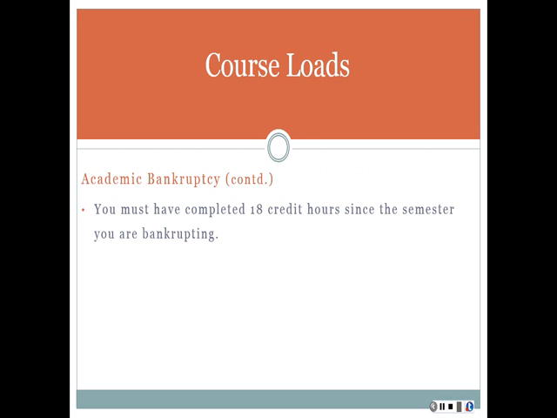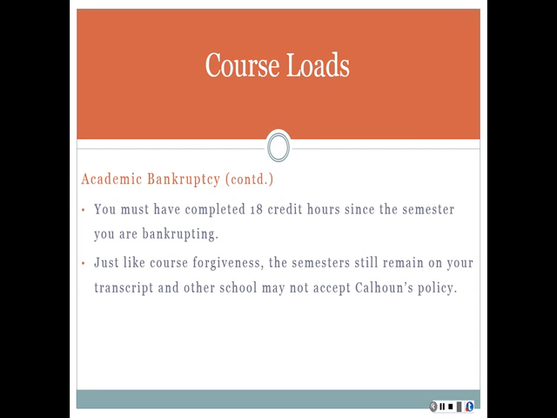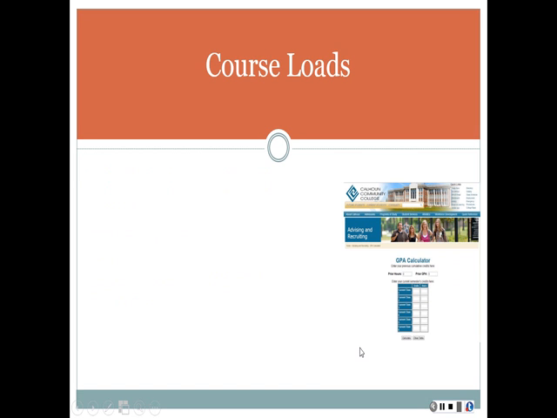You must have completed 18 credit hours since the semester you're bankrupting, and just like course forgiveness, the semesters will remain on your transcript, and other schools may not accept that. So you can bankrupt an entire semester, but you do have to have completed more hours to get to that point. What else do we have?